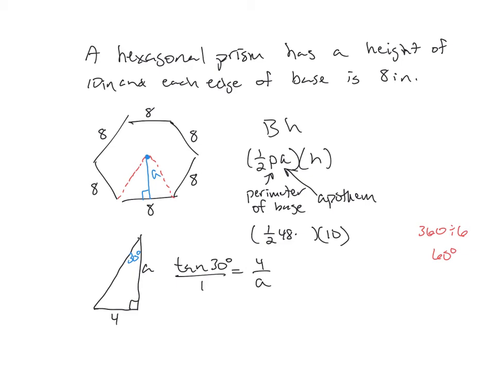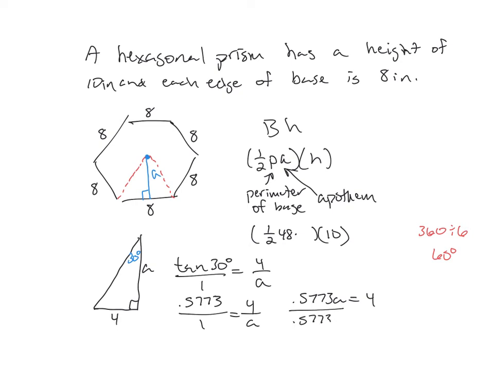And so let's see, tangent of 30 is 0.5773. So I get 0.5773A equals 4.